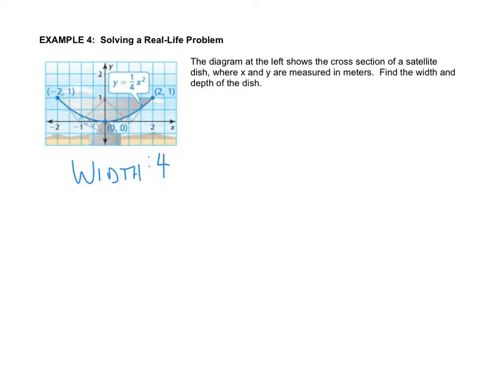We're going to have 4 meters across of this cross section. Now, how do I find the depth? Well, there's a couple of ways I can find the depth. I can also use this same idea and say, oh, I can see the depth goes from 0 to 1. So the depth is 1 meter.